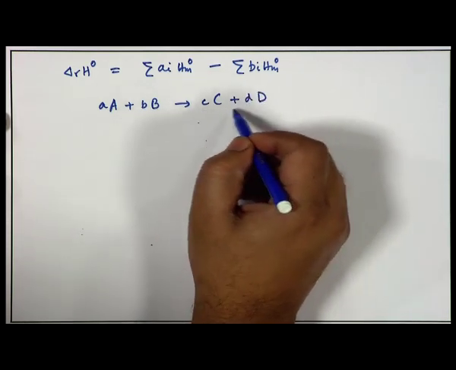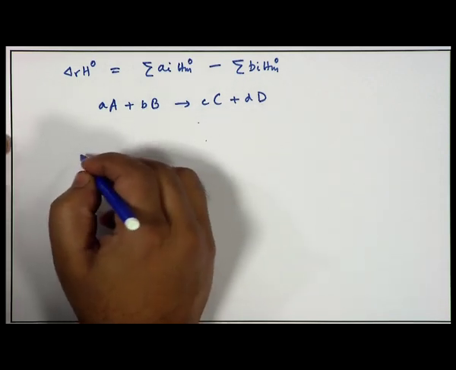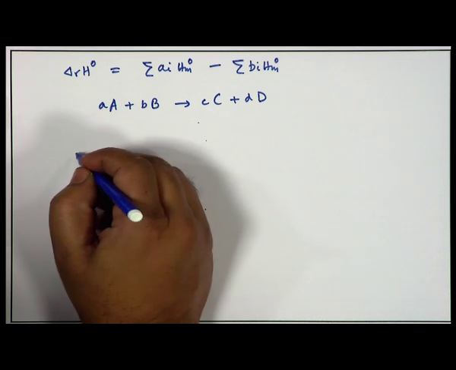Now, A, B, C, D are stoichiometric coefficients. Now, I can make a cycle.